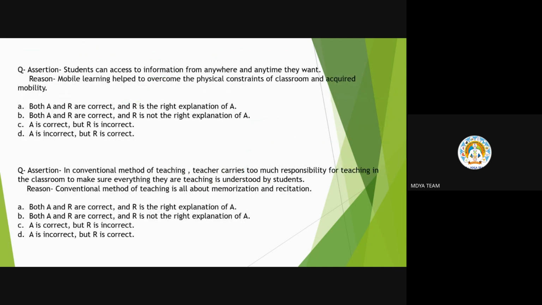First question is there. Assertion: Students can access information from anywhere and anytime they want. The reason is mobile learning helped to overcome the physical constraints of the classroom and acquired mobility. Here, the mobile is not literally the mobile that we use. Mobile means something that is movable. Here, mobile means that. Now, solve this question.